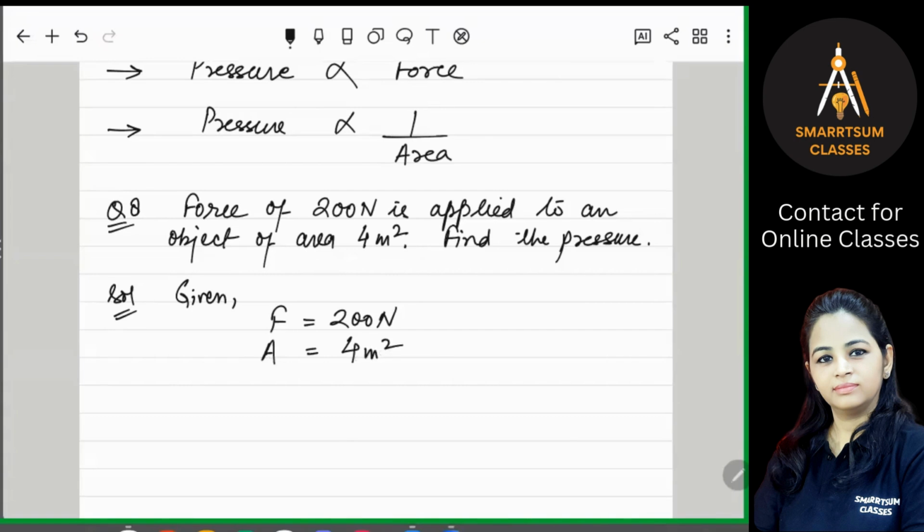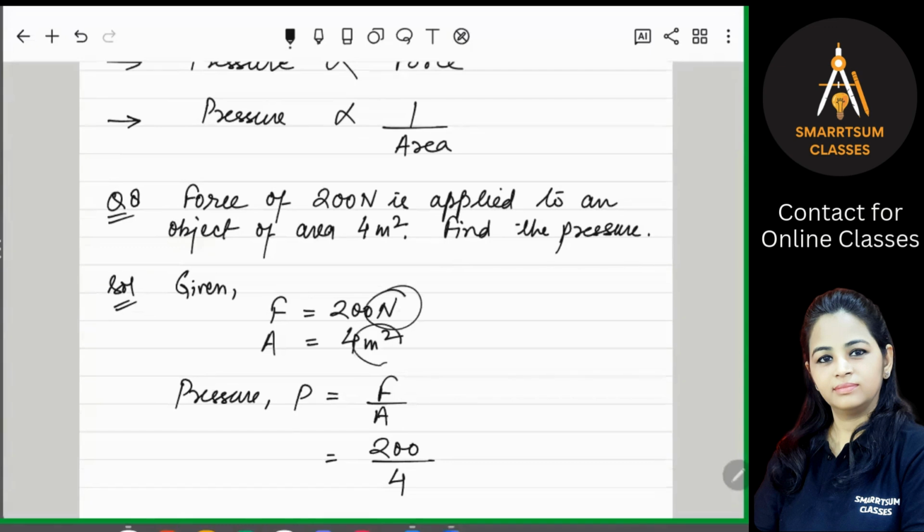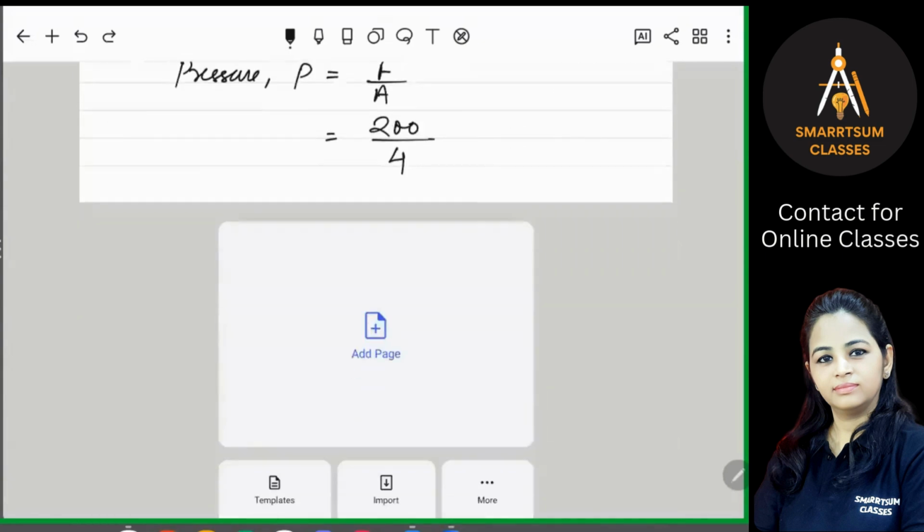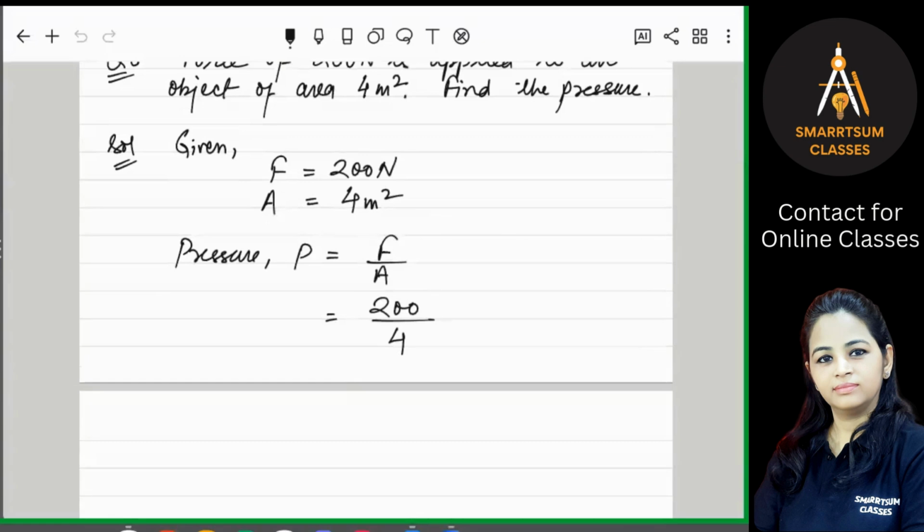Now, we know that pressure is force per unit area, right? So first write down the formula, F upon A. Force is 200 Newton and area is 4 meter square. Since both are in their SI units, no need to convert them, right? Unit is already SI units. So we write them as it is. 200 upon 4. So this is equal to 50 Newton per meter square.